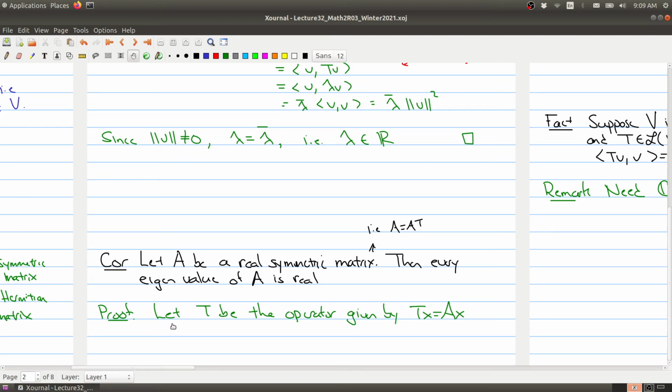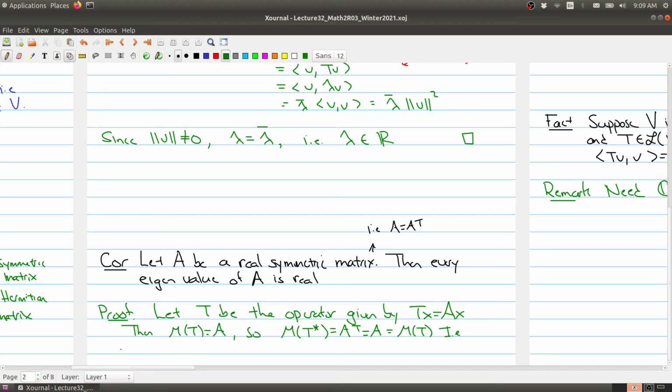The reason is because let T be the operator given by taking a vector x and mapping it to A times x. Then M(T) is equal to A, so the matrix of the adjoint is equal to the transpose of A, which is equal to A, which is equal to M(T).